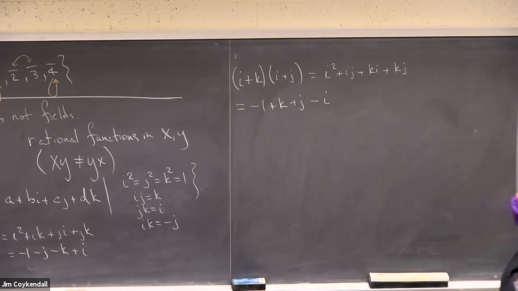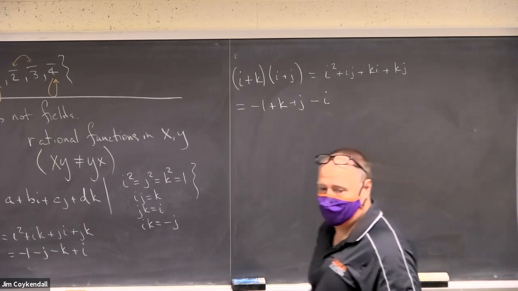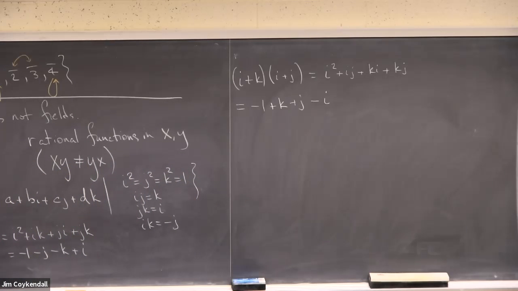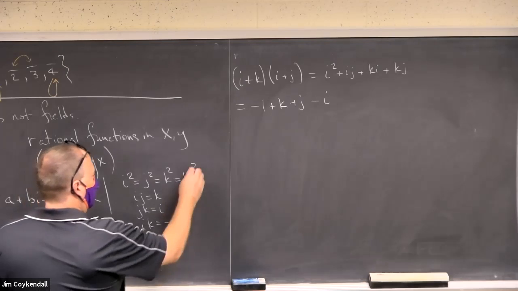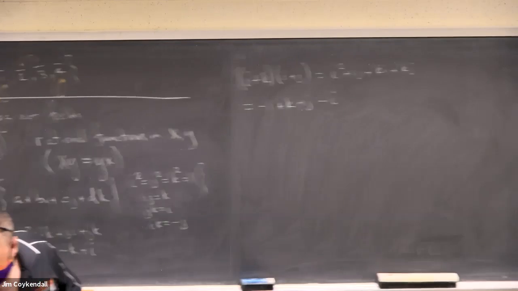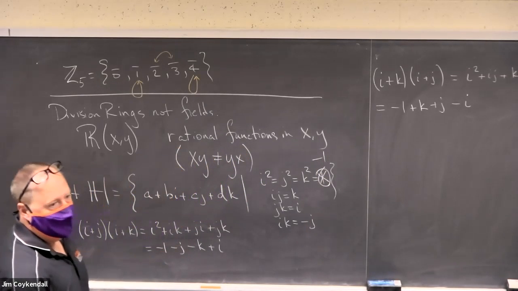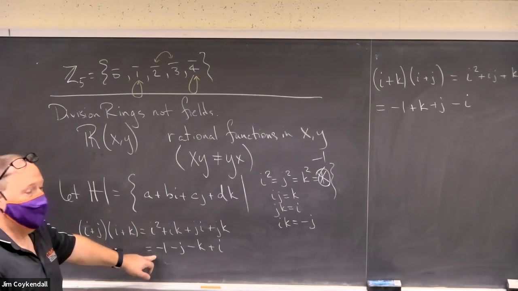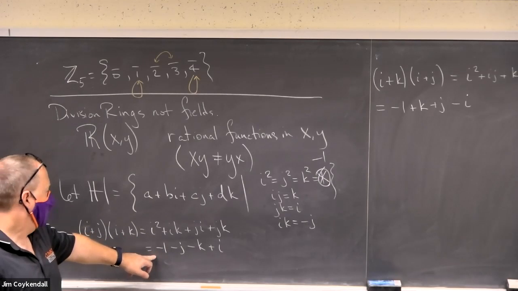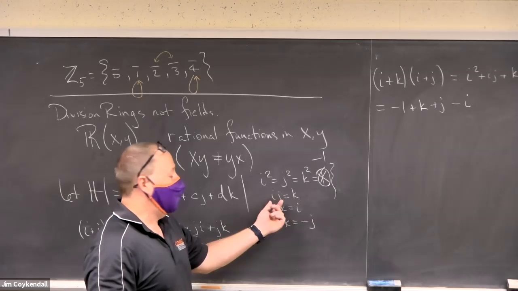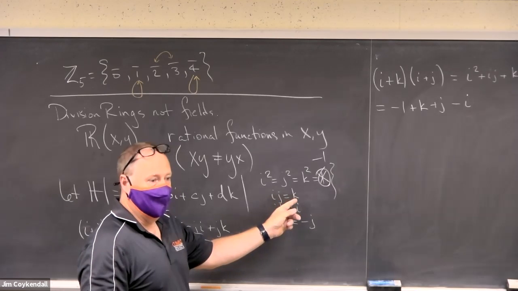And notice this is something different. Oh, because I wrote this all down wrong. I'm sorry. This is minus 1, right? i squared should be minus 1, not 1. And then whenever it's ij, it's positive, and ji, when it's flipped, is negative. So for example, if ij is k, then when you flip the order around, it's the opposite sign.